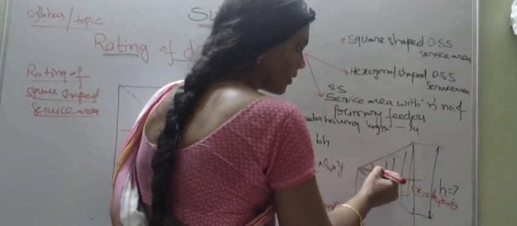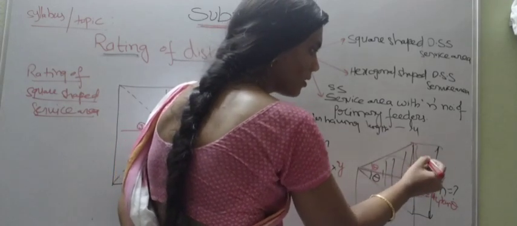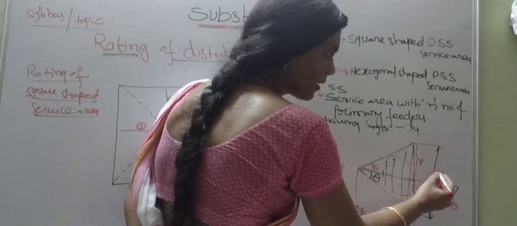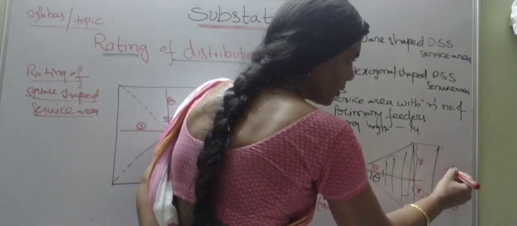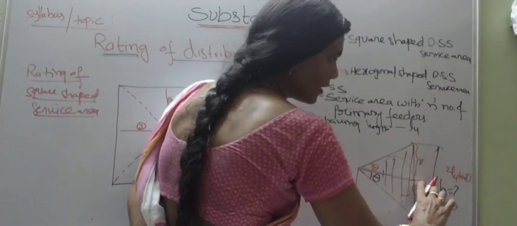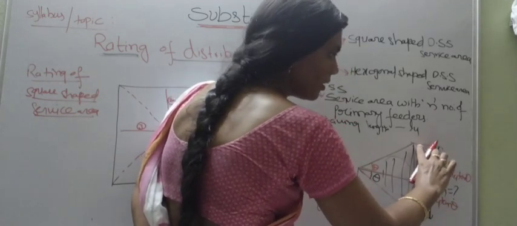This is also x. So x plus x is 2x, which means H equals 2 L4 tan theta. This is L4 tan theta and this is also L4 tan theta.